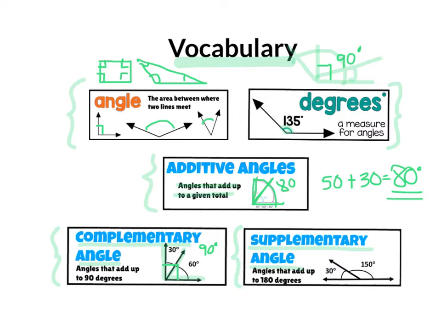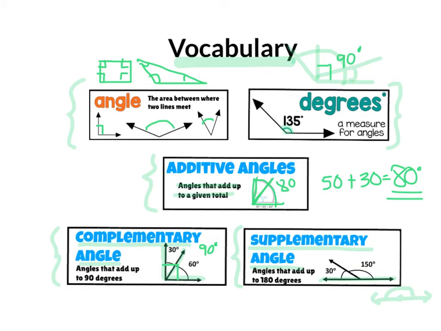Next up, supplementary angles. These are angles that add up to 180 degrees. So 180 degrees, this is another benchmark angle, just like 90 degrees. This is an angle measurement that we already have memorized. We can look at a straight line and already know that the angle measures 180 degrees. So when we're looking at this example, I see my straight line.